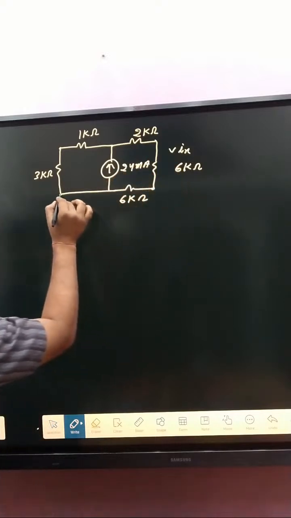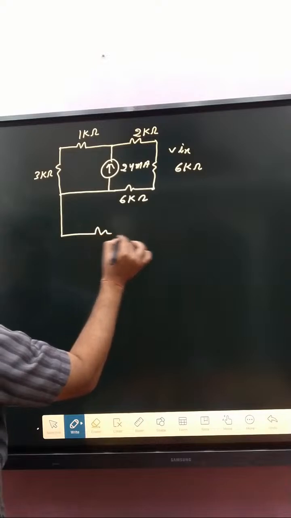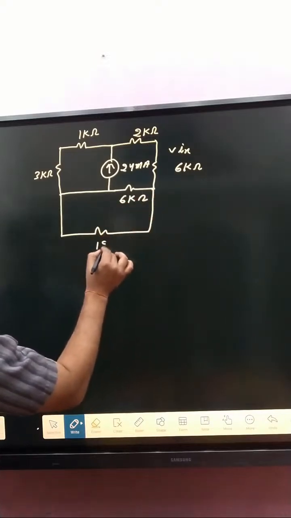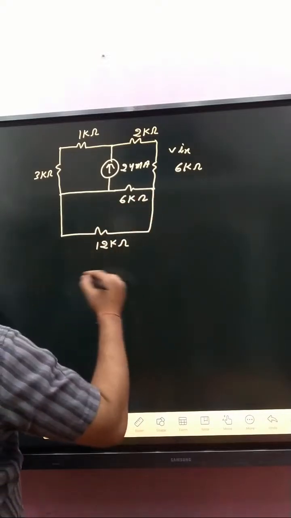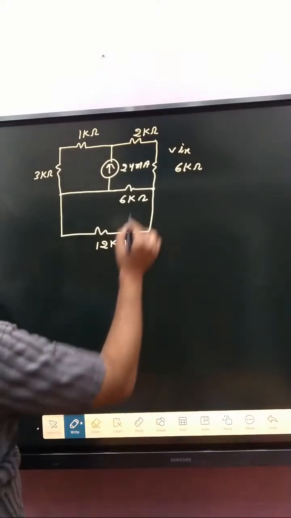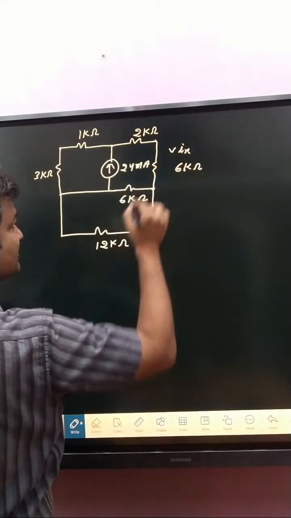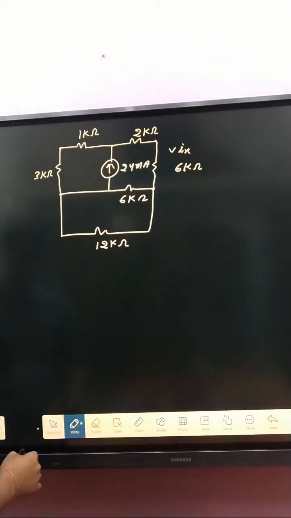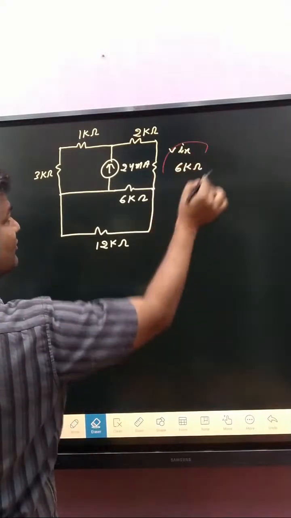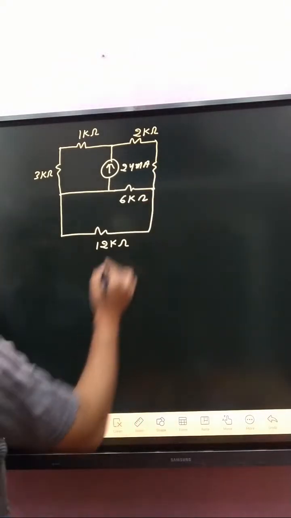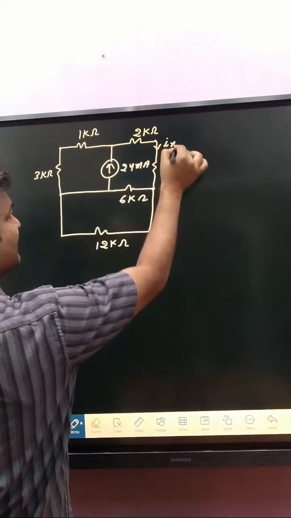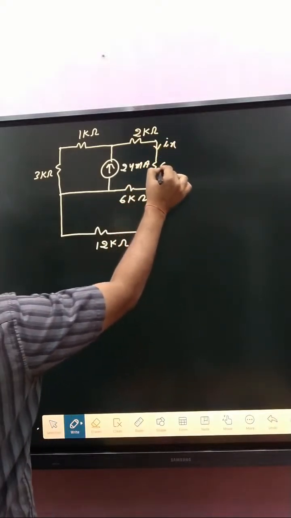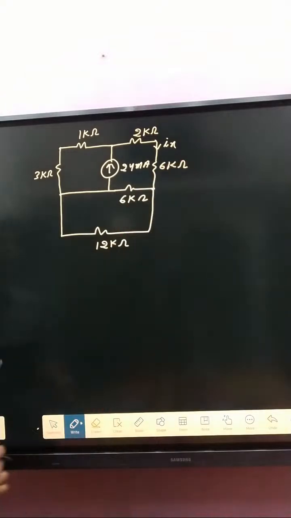Okay, and that one is how much? 12 kilo ohm. And that one is 6 kilo ohm, and our motto is to determine Ix, that current, and whatever resistance, that is 6 kilo ohm.